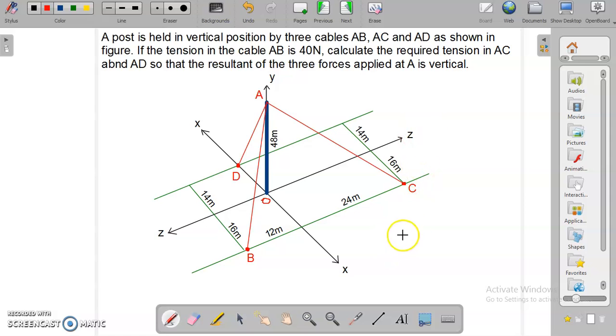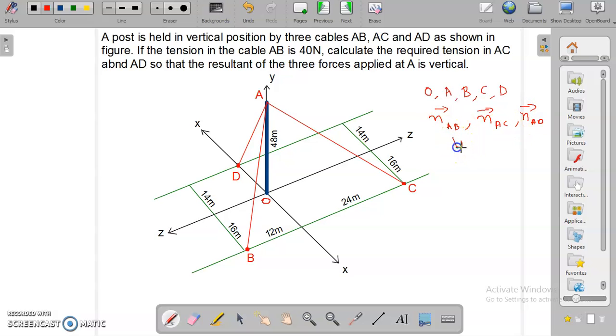First of all we have to find the coordinates of the points, that is O, A, B, C, D. Then using these we have to find the unit vectors along the three directions of the cable, that is n_AB, and not n_BA, n_AB itself, because the force is acting from A to B, A to C and A to D. So we have to find the unit vectors n_AB, n_AC and n_AD.